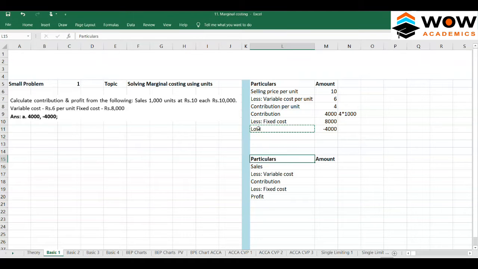We can also do this sum in full amount. So let's work it out. They have said that sales is 10,000. If you want, we can take the numbers and do it.